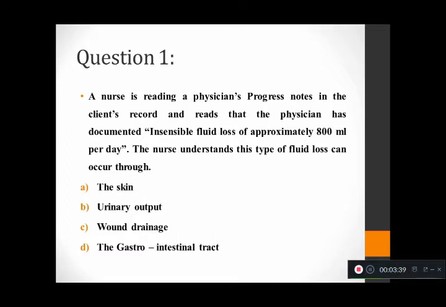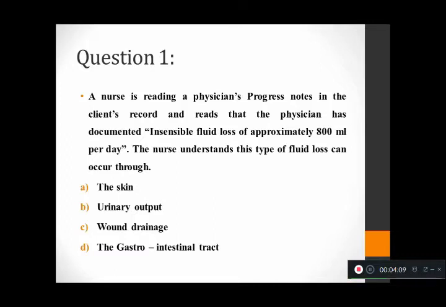In contrast to that, insensible loss occurs without the awareness of the patient. For example, when water loss is occurring through skin and lungs, when there is excessive perspiration or excessive breathing, when the breathing rate increases, we lose more fluid. Such loss is unaware to the patient. That is called insensible loss.